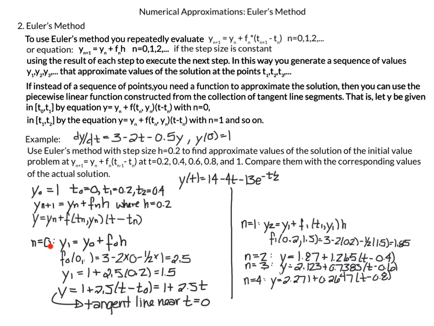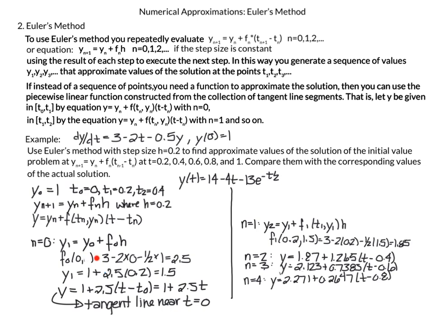So according to my formula, with n equals 0, I have y1 is equal to y0 plus f of 0 times h. So first I'm going to look at f of 0. So f of 0 is when t is t naught, and then y is equal to y naught. So t naught is equal to 0, and y naught is equal to 1.